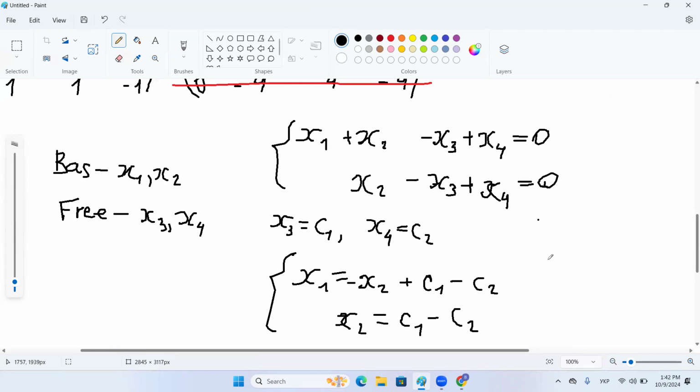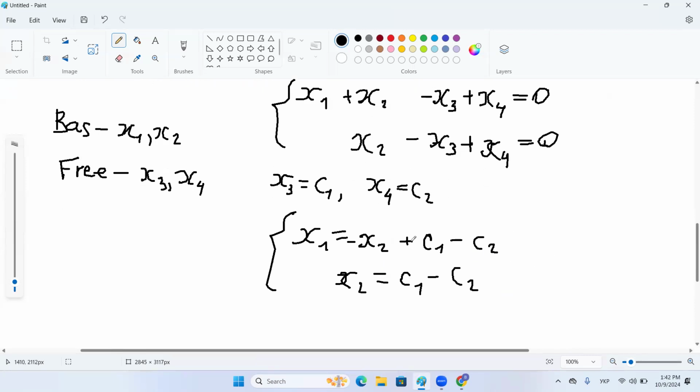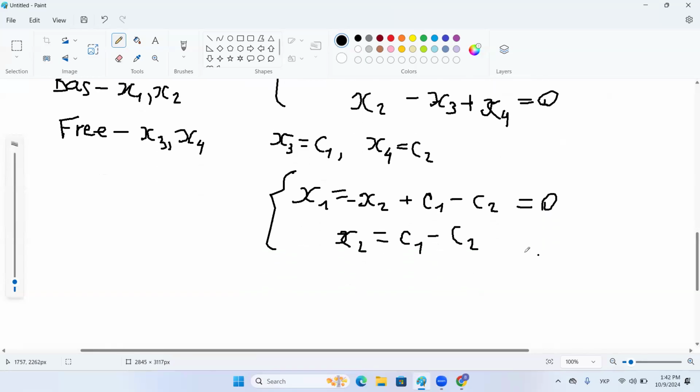Yeah, that's correct. And by the way, what we have is just minus this, and it equals 0. And here it is. And let's write down the general solution.